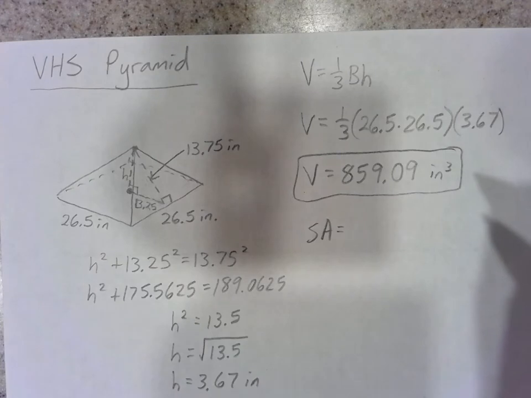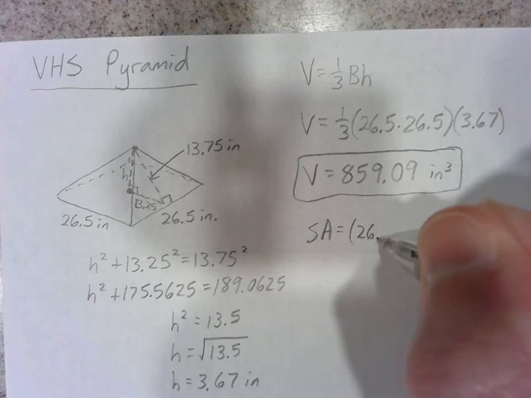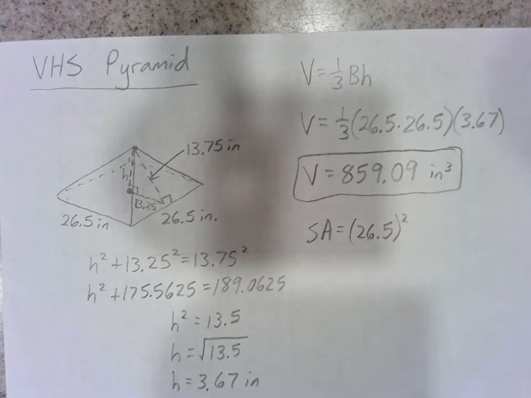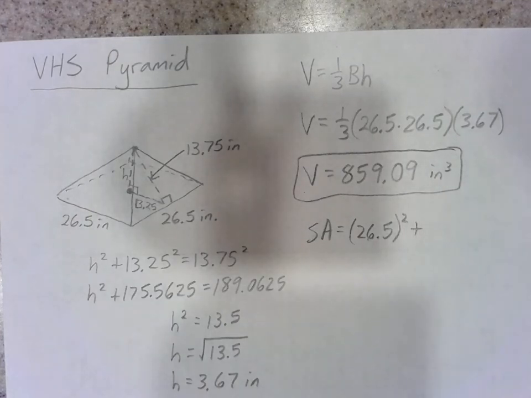So that means the area of the bottom, the square, and so that's the 26.5 times 26.5. I'm going to call it 26.5 squared. And then I'm going to add the area of each of the triangles that fold up to make the pyramid.